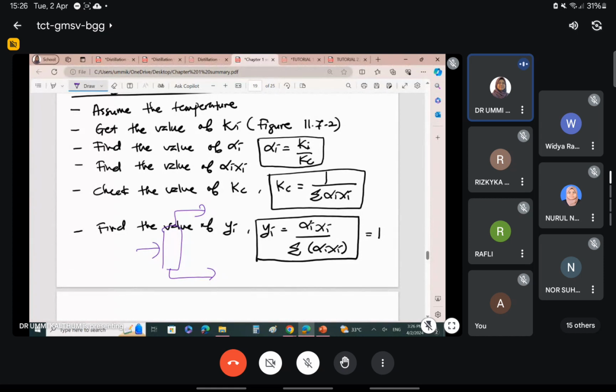Temperature where? At the top of the column or the bottom? Boiling point. Any answer? For the boiling point, do we calculate the temperature at the top or at the bottom? At the bottom. The top, madam. Are you sure? Boiling point.